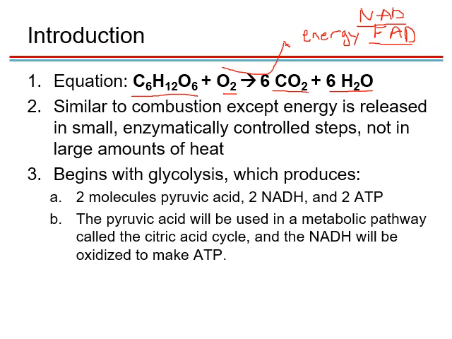So we already saw glycolysis. At the end of glycolysis, we had 2 molecules of pyruvic acid, and we reduced 2 molecules of NAD to NADH, and made 2 ATP. With oxygen available, the pyruvic acid, remember, we have 2 from each molecule of glucose, will move into the citric acid cycle.